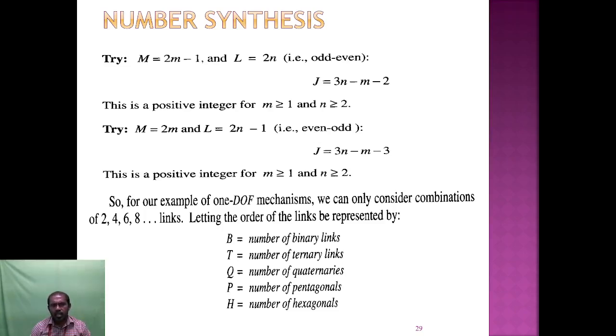So for the example of 1 degree of freedom mechanisms, we can only consider combinations of 2, 4, 6, 8 links. Later the order of the links can be presented. B means binary, T means ternary, Q means quaternary, P means pentagonal, H means hexagonal.